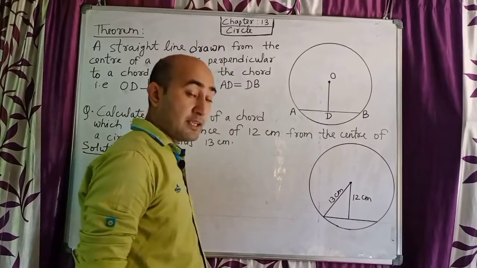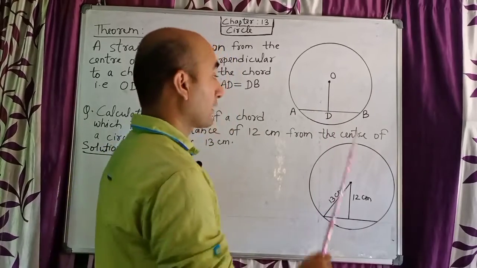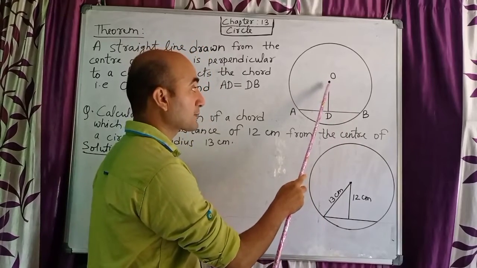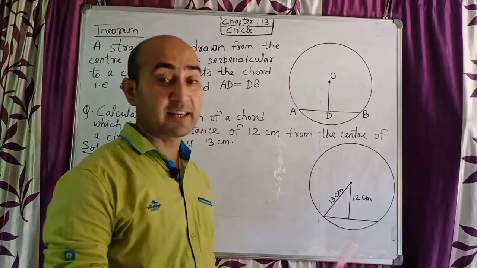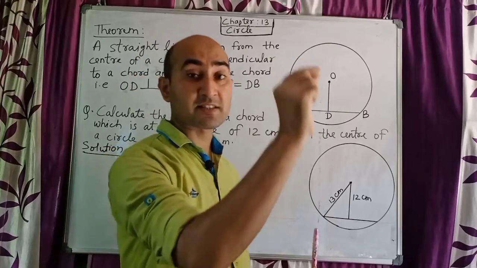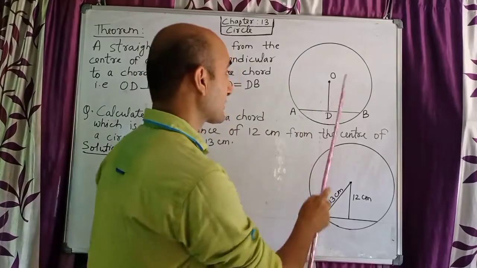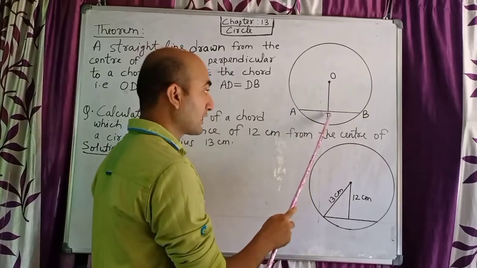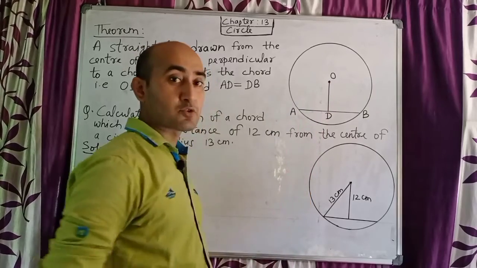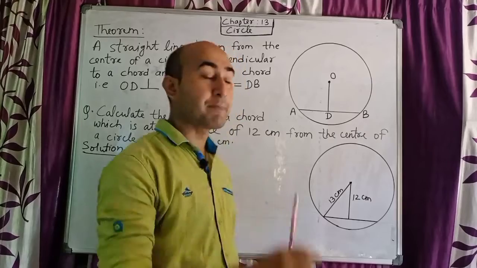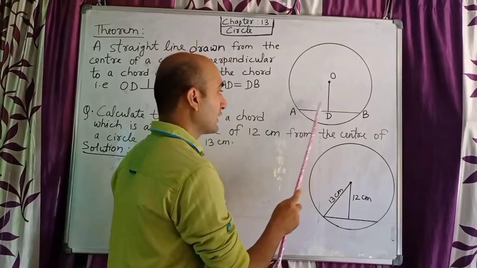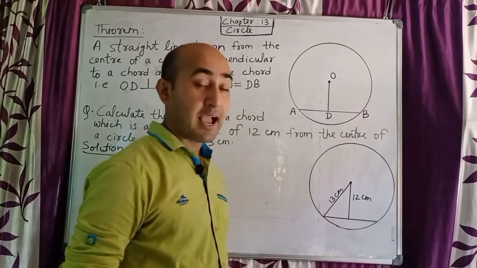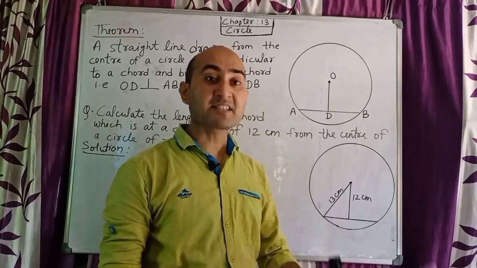Now if any line is drawn from the center of the circle to the chord, just like here AB is the chord and the line drawn from the center is OD, then this OD is perpendicular to the chord. That means OD is perpendicular to AB, and the second thing is it bisects the chord.